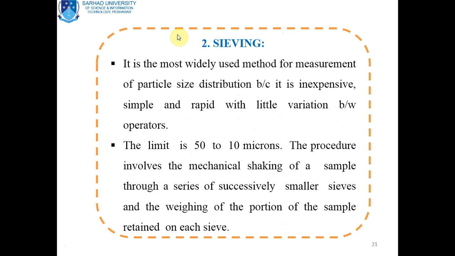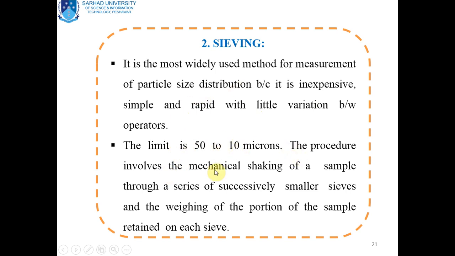The second method, sieving, is the most widely used method for measurement of particle size distribution for several reasons: the sieving method is inexpensive, it is simple, and it is rapid, with little variation between operators. The limit of this sieving method is 50 to 100 microns.